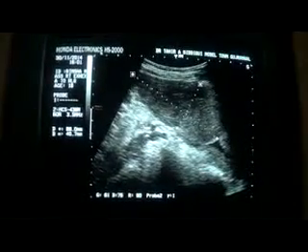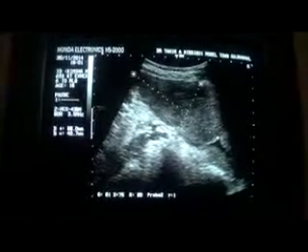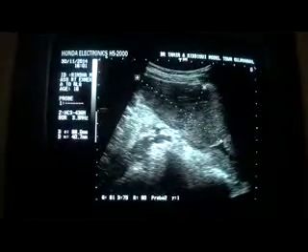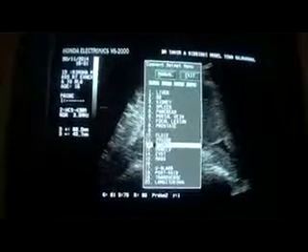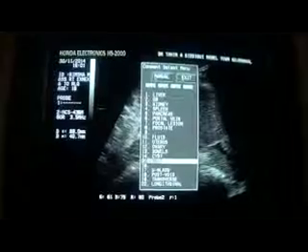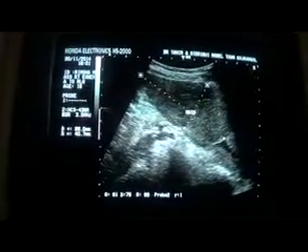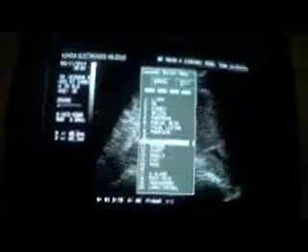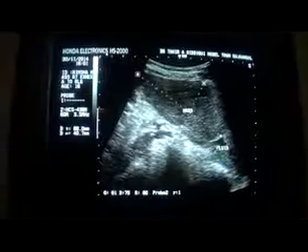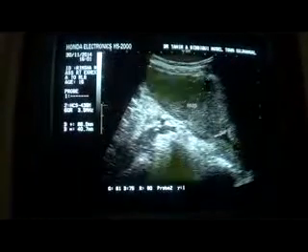This mass measures approximately 8.8, or I will say 9 into 4 centimeters. This is the mass. It's hypoechoic, predominantly hypoechoic, and this is the fluid in the pelvic cavity.